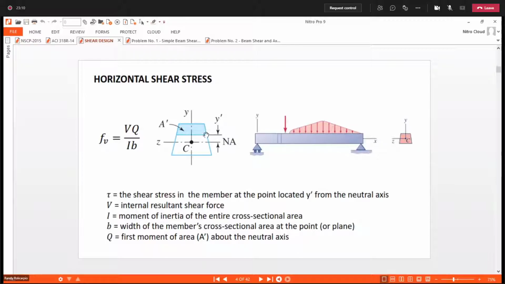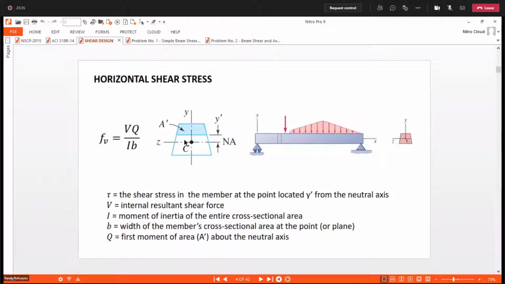This shaded part represents the area that you're going to use, wherein you take the moment of this area with respect to the neutral axis.